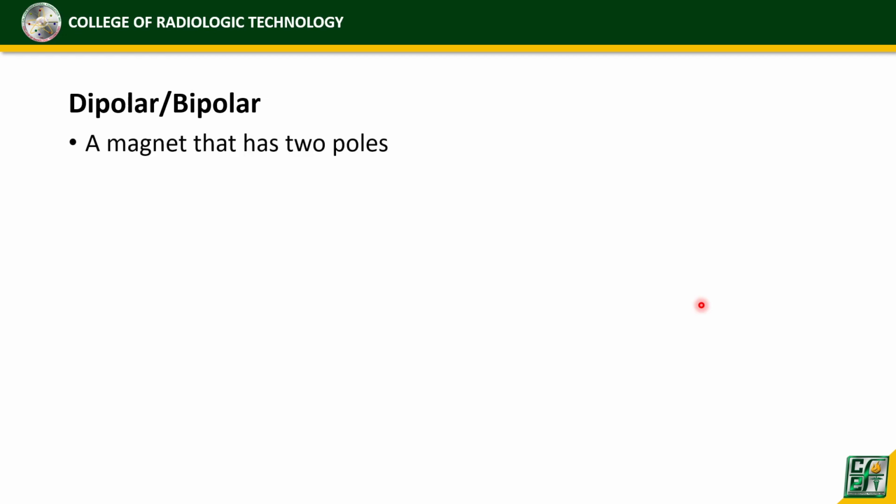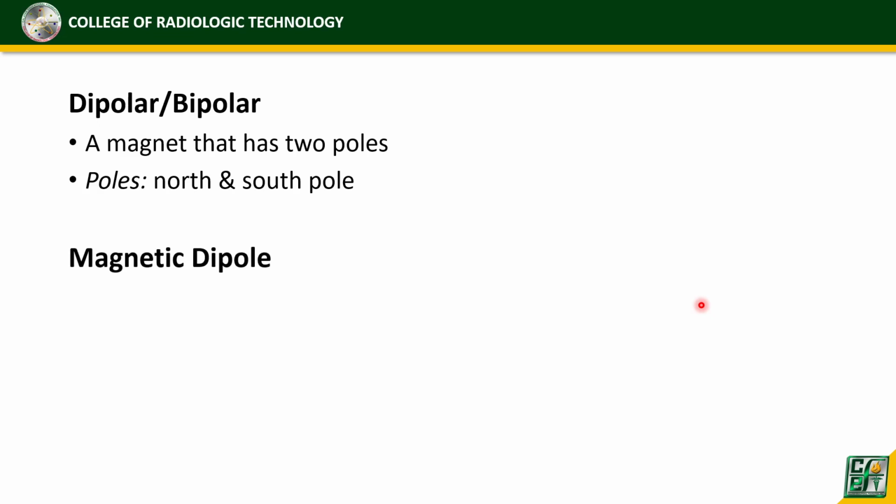We have the T2 relaxation time, T1 relaxation time, then we have the proton density, etc. And dipolar or bipolar, a magnet that has two poles. So yung pole niya ay south and north.